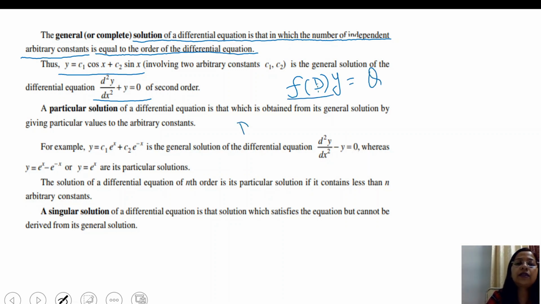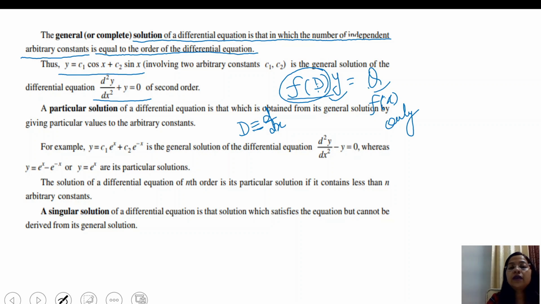We know that D is the differential operator, d by dx. So f(D) is a polynomial in the differential operator. y is the dependent variable and Q is a function of x only.